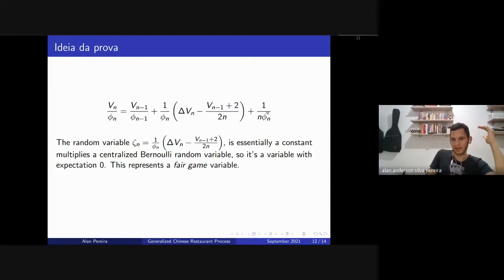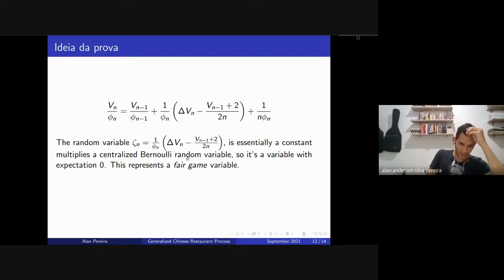And here we also have something that converges, so we can control that easily because it's n times something bigger than a power of n, so it converges by real analysis. This part is intimately related with this part, and that is the sequence that converges. And this part is a centralized Bernoulli.